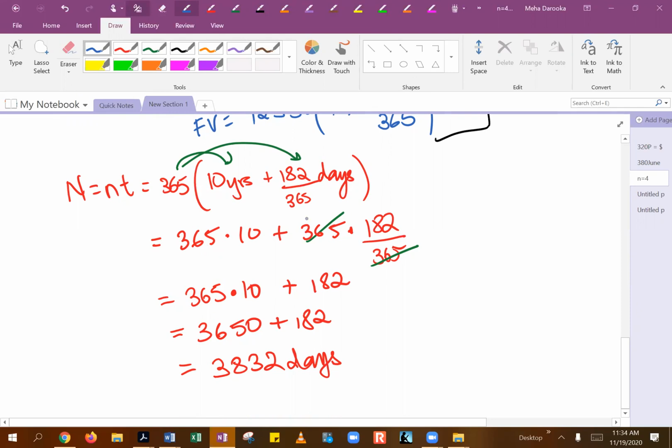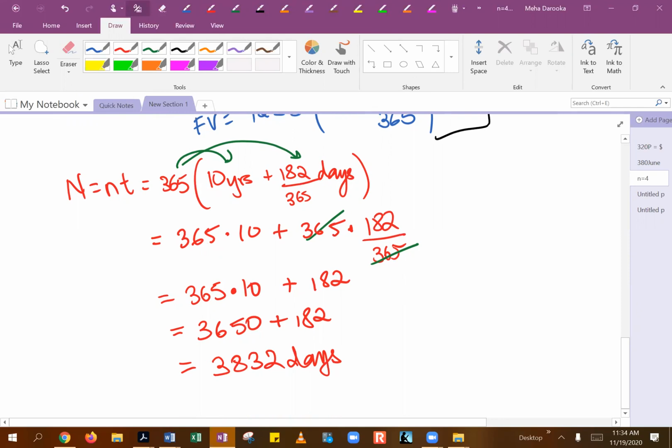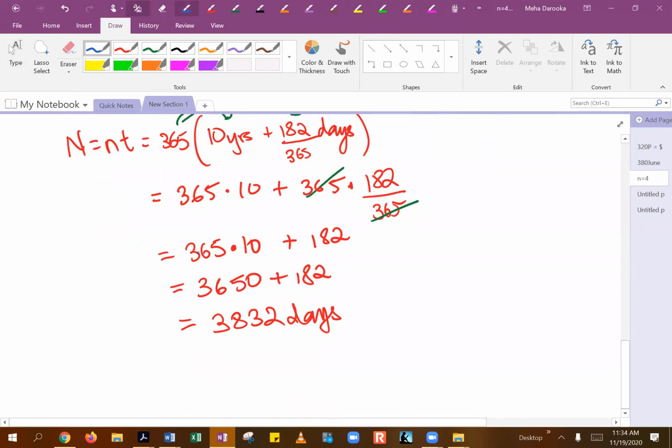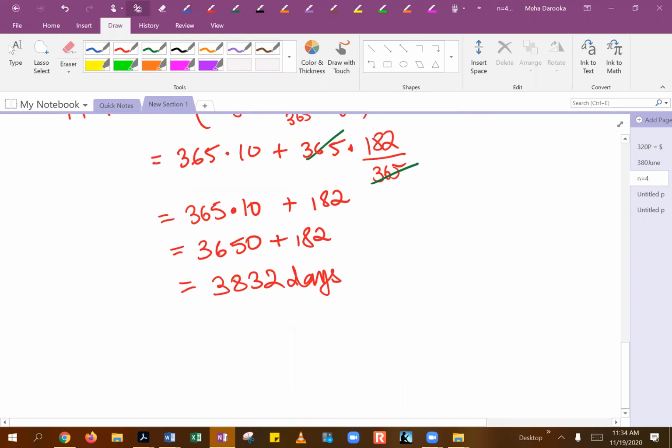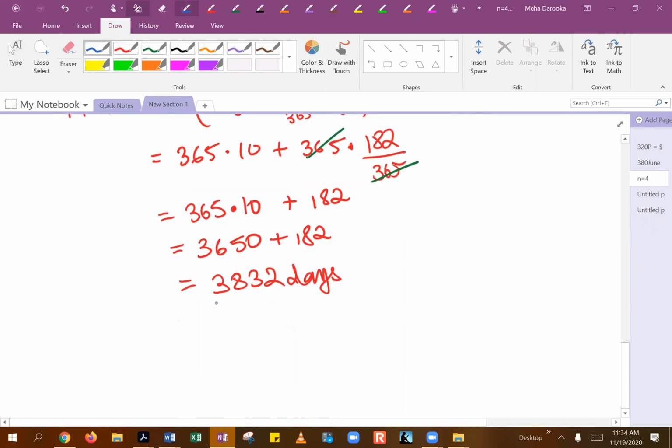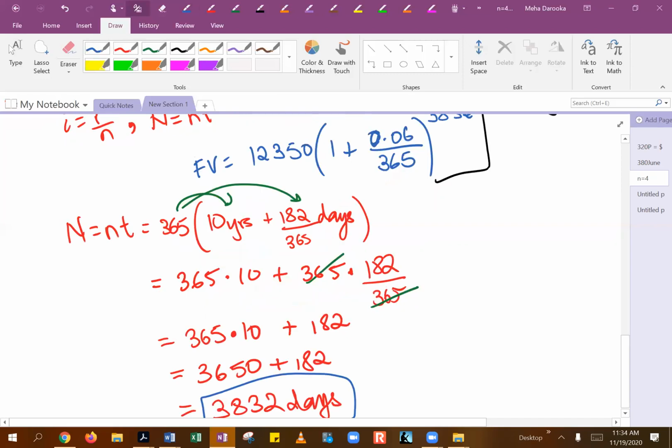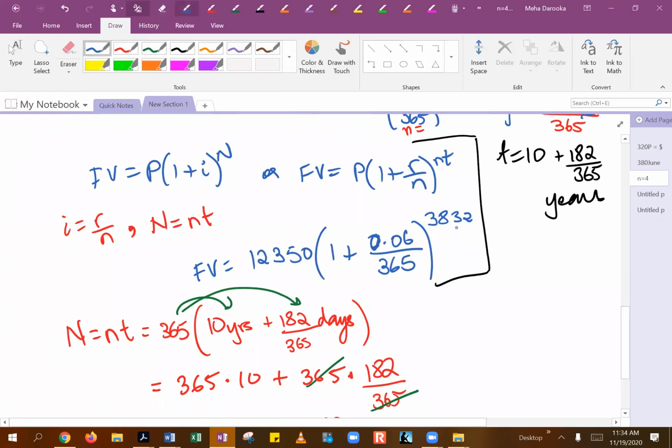With the 182 over 365, those 365s end up canceling each other out, and you just end up with 365 multiplied into 10, which gives us 3,650, and then you just add those remaining 182 days, and it tells you how many total days we are going to be calculating this compound interest for, and it comes out to be 3,832, and that becomes your exponent.